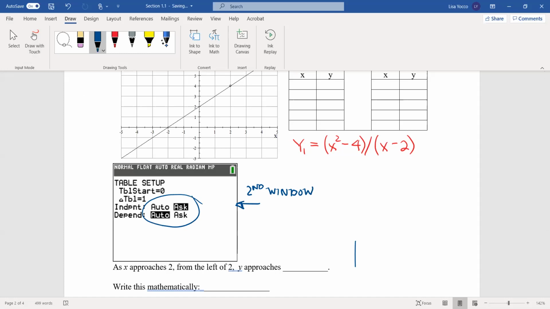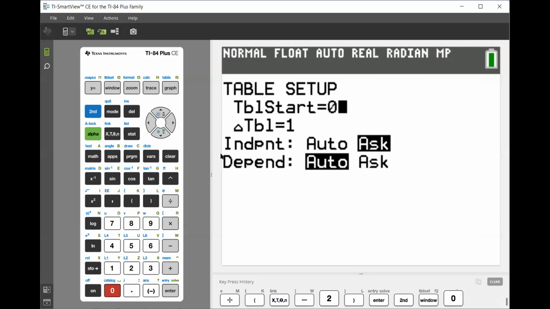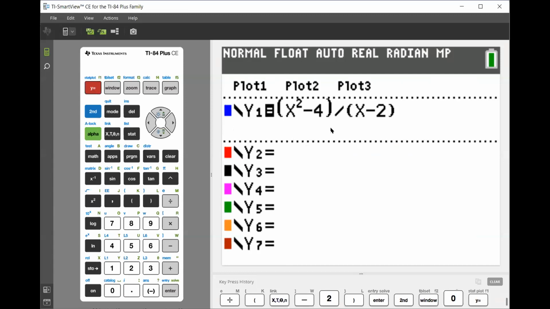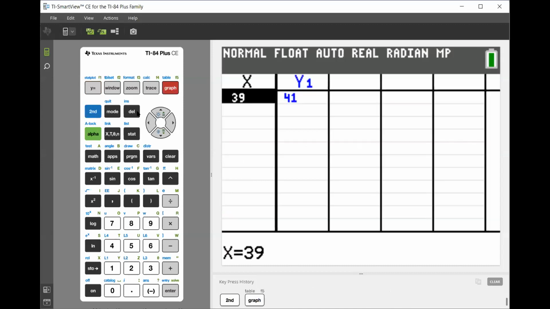All right. So let me go to the calculator screen now. All right, there's my calculator screen. This is where I had input the function in for y equals. Now when I go to my table, yours is probably going to be empty because it's waiting for you to give it values of x. So the first thing I'm going to do is choose some x's that are to the left of 2. So that could be 1.5.